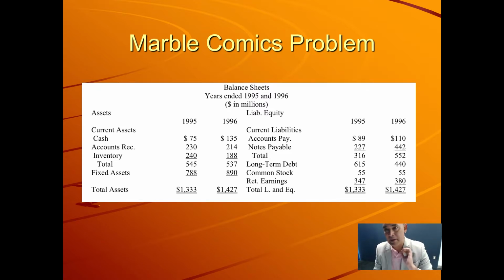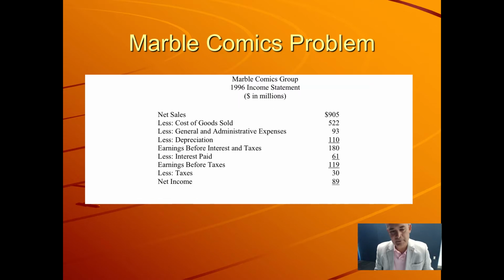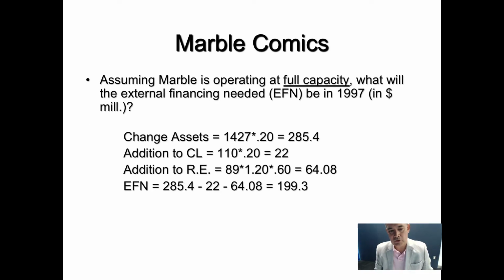And because I am working at 100% production capacity, the total amount of assets are going to be spontaneous. Because if I have to sell more, I have to invest also in fixed assets. So as you could see, my change in the full amount of assets is going to be $285 million. My addition to current liabilities is going to be 22 as before.